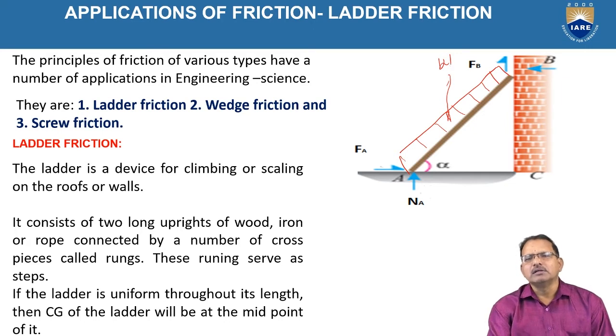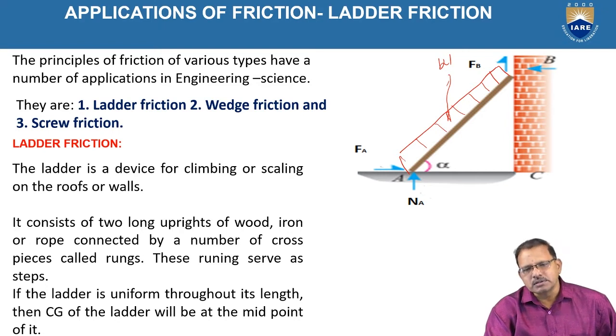Now we have to analyze what forces are acting when the ladder is about to slide in a downward direction. Generally the ladder rests on the ground floor and keeps the other end against a vertical plane, that is called the wall. When forces are acting on the ladder, it tends to slide in a downward direction.